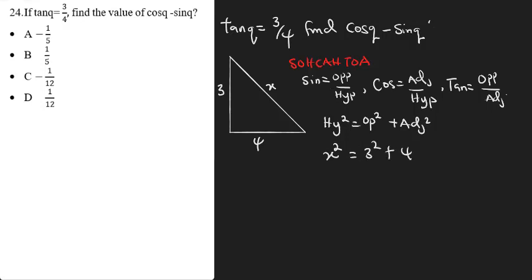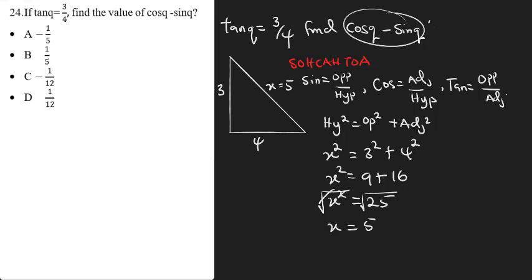So this is going to be 9 plus 16. So x square is equal to 25. So take the square root of both sides. This will cancel this. You are left with x equals the square root of 25, which is 5. So that means this place is equal to 5.